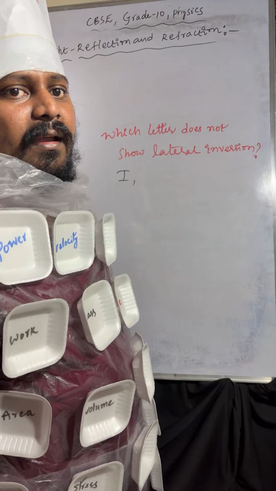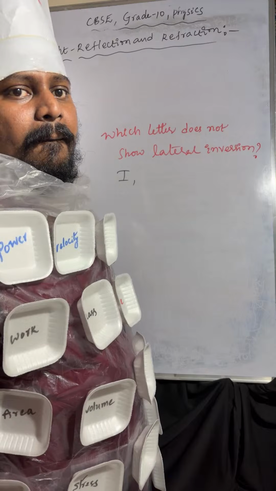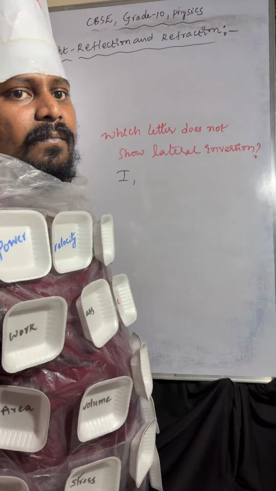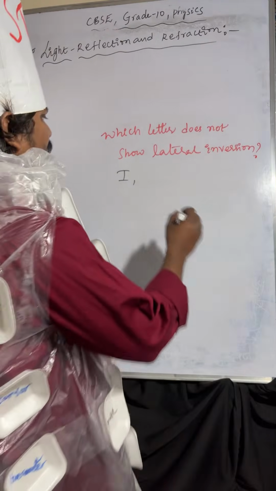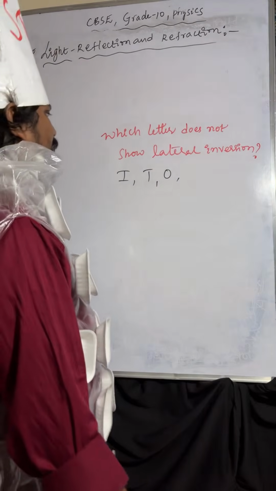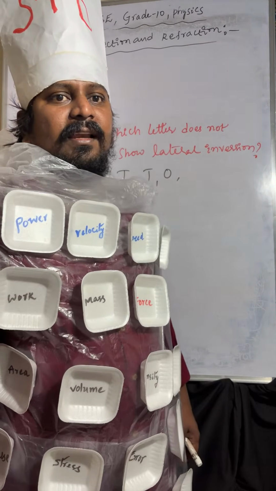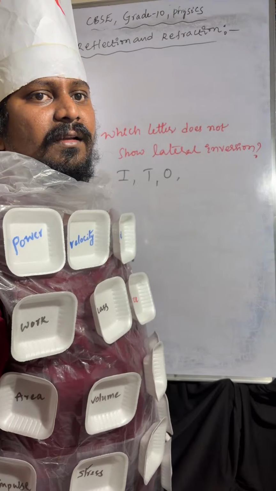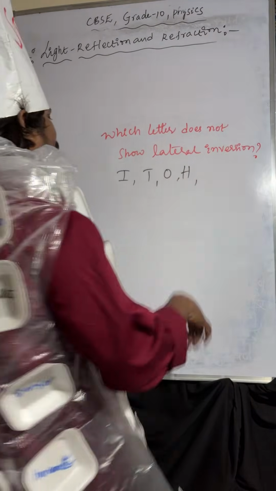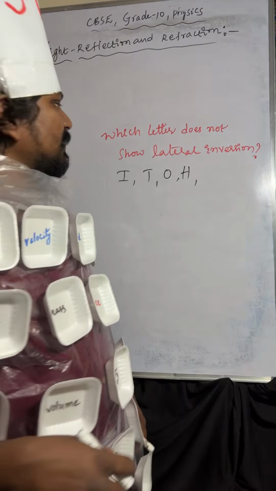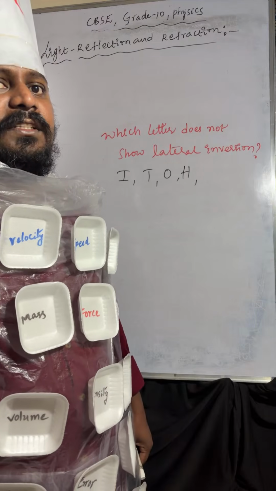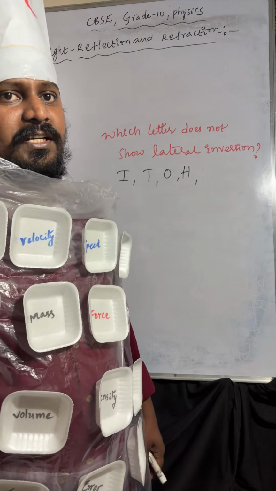H, I, M. Okay, T does not show. O does not show. M will not show lateral inversion. H letter also does not show lateral inversion. Is it correct? Just check once. Are these letters correct?